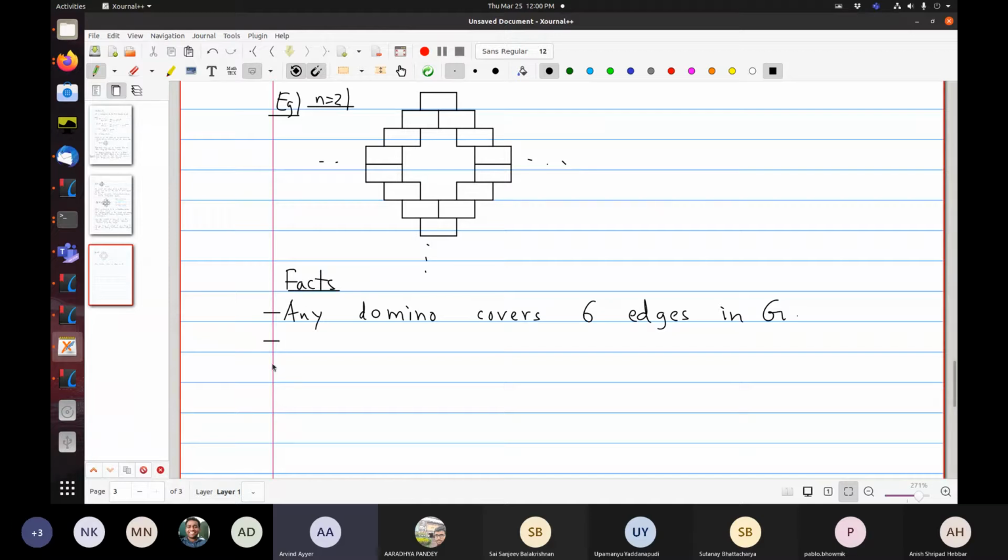The second one is that there are 4 possible domino configurations, let's say. It's local. So let me draw them for you.